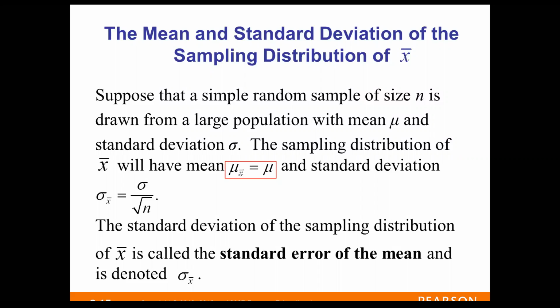If I repeat that process a large number of times, that distribution will have its own mean. We denoted that by mu sub x bar. Because the sample mean is estimating the population mean, if I repeat that sampling process a large number of times, I should get something that mirrors the population. So the mean from the sampling process is the same as the mean of the underlying population.